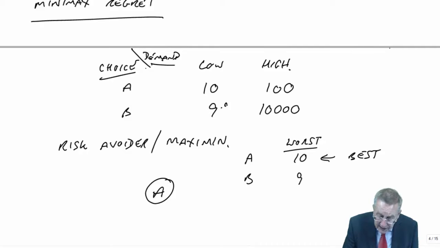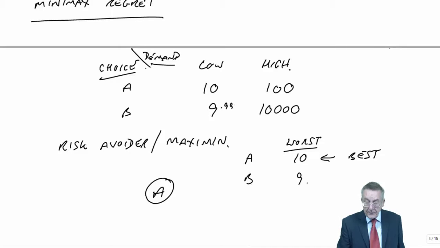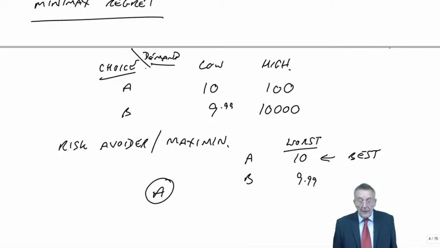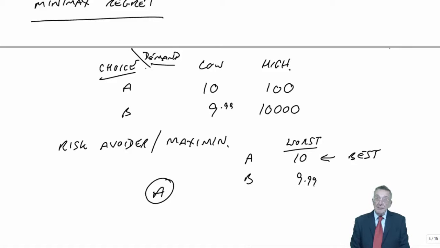Suppose B gave $9.99. On Maximin, you'd still pick A. We're going to get at least 10. Well, I'm sorry, I think just about anybody would rather go for B. They're prepared to risk losing 1 cent when they've the chance of getting so much extra. And that's a problem that can be with Maximin.